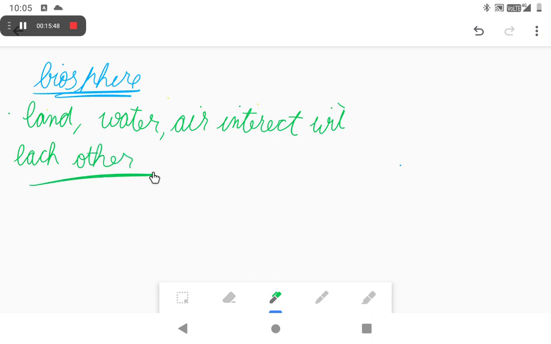So where all the land, water and air interact with each other, that is called biosphere.